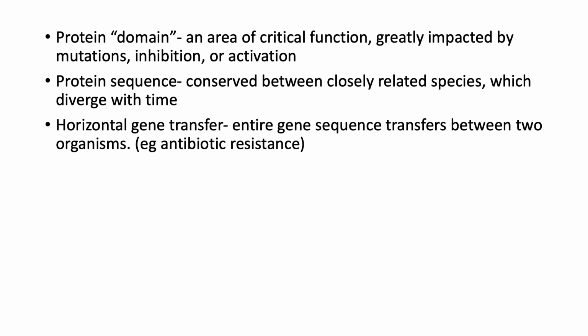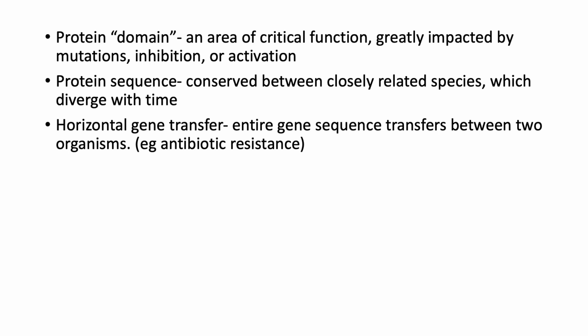The protein domain is an area of critical function which is greatly impacted by mutations in inhibition or activation. I discussed, for example, hemoglobin, which has a specific domain where mutations can impact that site, and we'll be talking about hemoglobin at some future point.